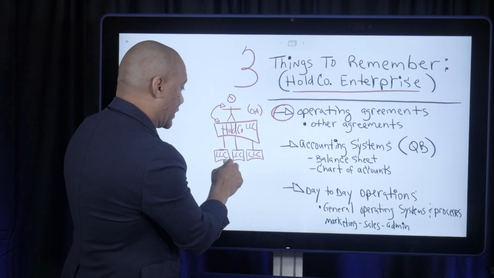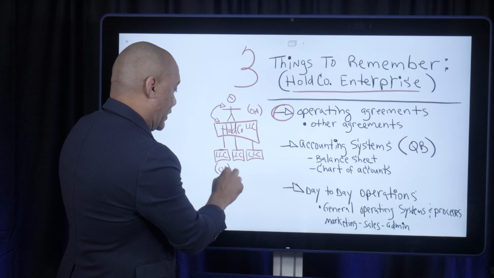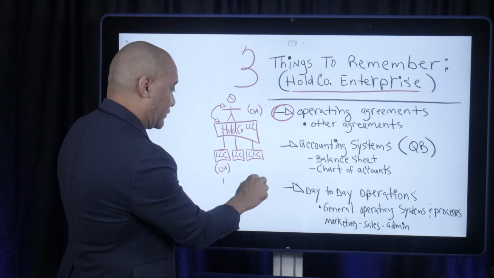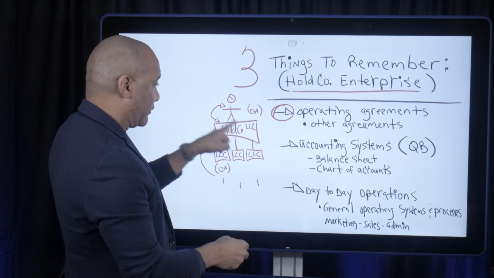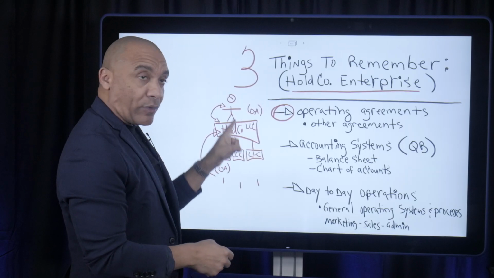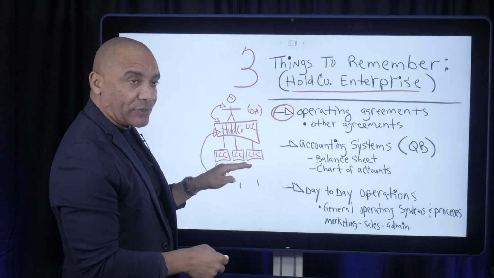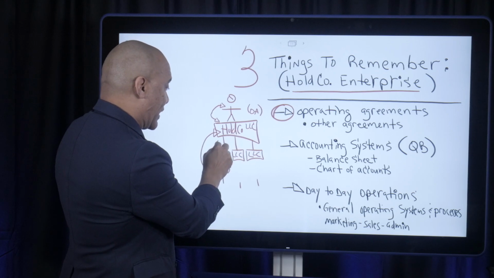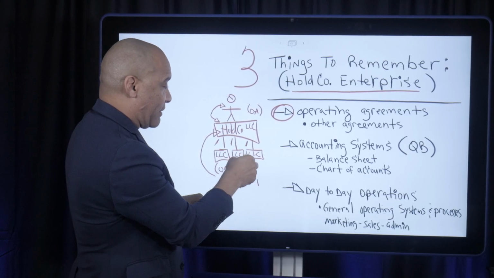So that means you're going to need an operating agreement between this LLC, this LLC, this LLC, and the HoldCo. So this would be a total of 4 LLCs. One LLC has an operating agreement between you and the HoldCo, and then there are 3 other LLCs that have operating agreements between them and the HoldCo, not between them and you.